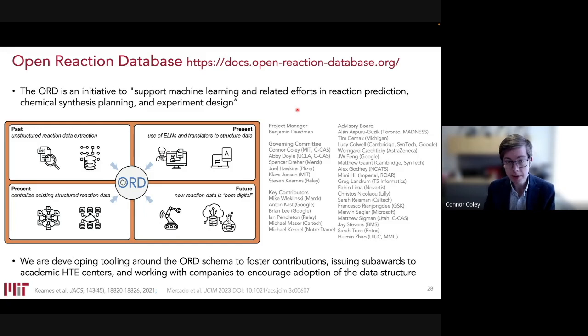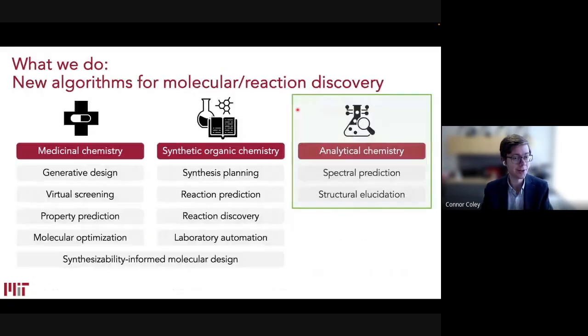All right, so I'm not going to go through the discussion of analytical chemistry. Suffice to say, there's a lot of interesting questions about spectral prediction, so understanding how molecules will look when we analyze them in complex environments and mixtures.